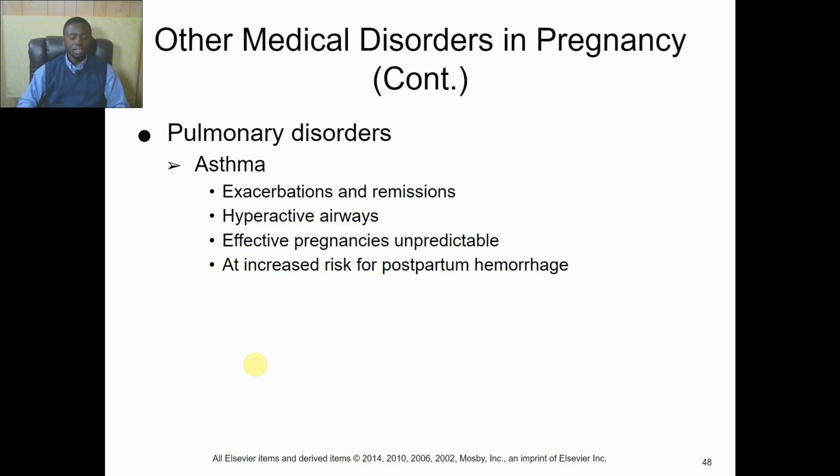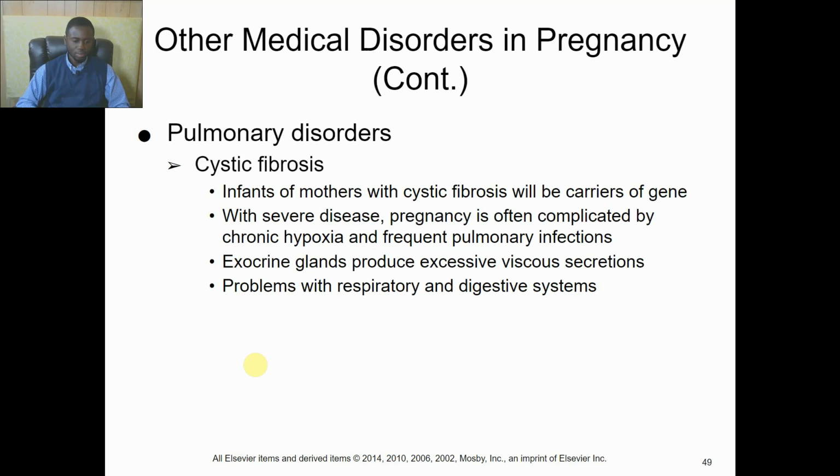And then pregnancies cannot be predicted as to whether they are going to be effective or not, because the complications of asthma may cause a fetal demise if the supply of oxygen is cut for a long period of time. And mothers with asthma also have a high risk for postpartum hemorrhage.